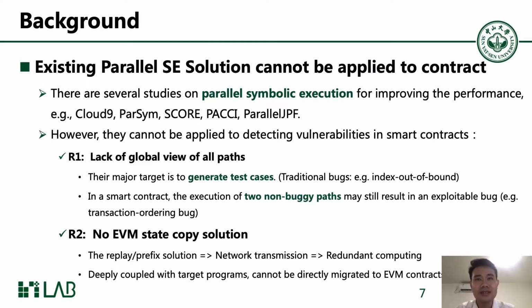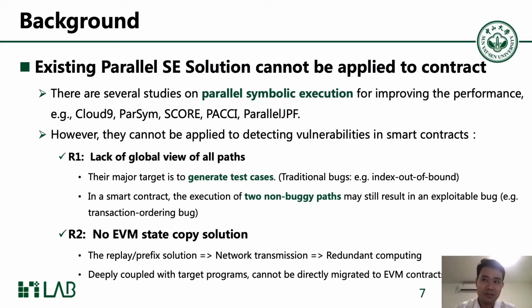Reason one is lack of a global view of all paths. Previous studies lack a global view of the whole symbolic execution tree, which is not needed in their scenarios, because their major target is to generate test cases for traditional programs, and those test cases are enough to trigger the traditional bugs, such as index out of bound in the array.